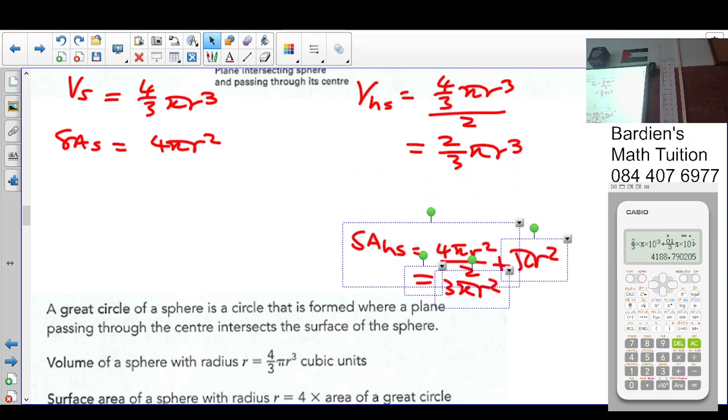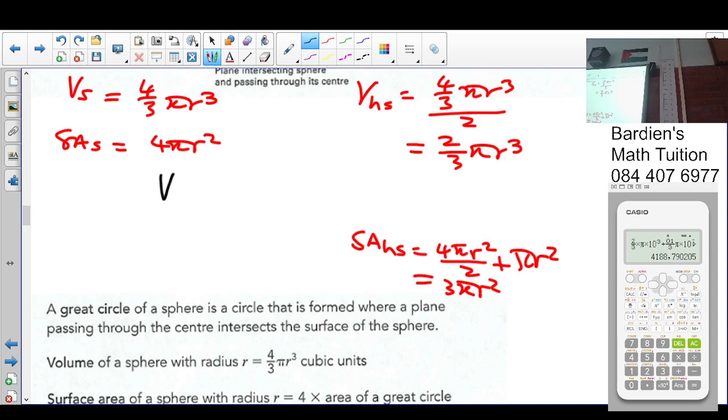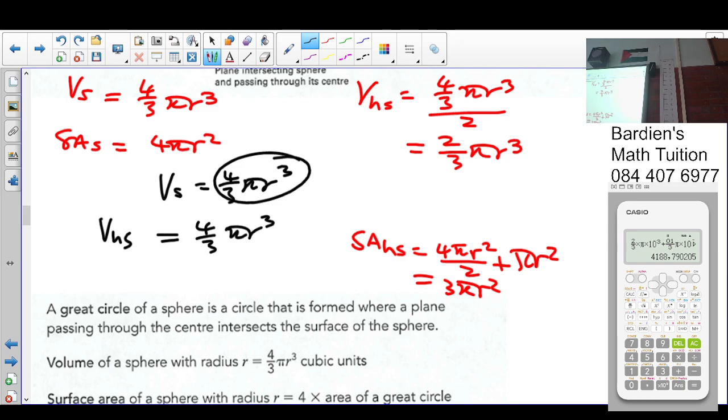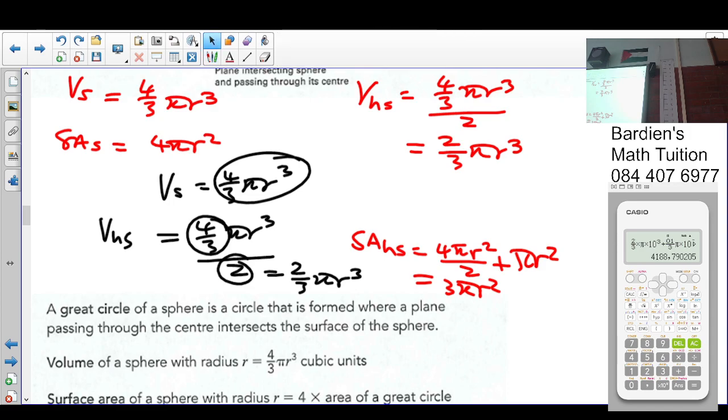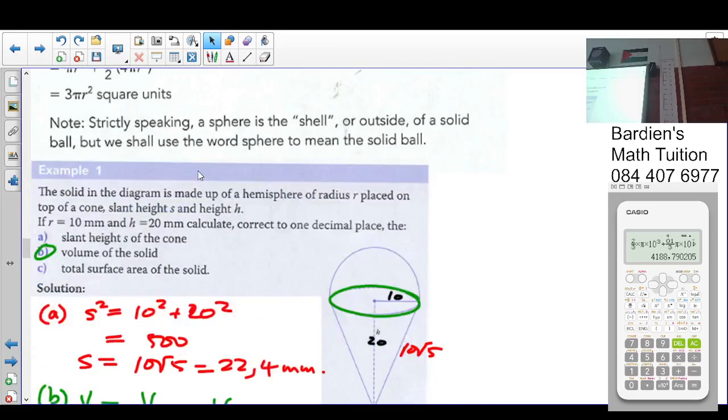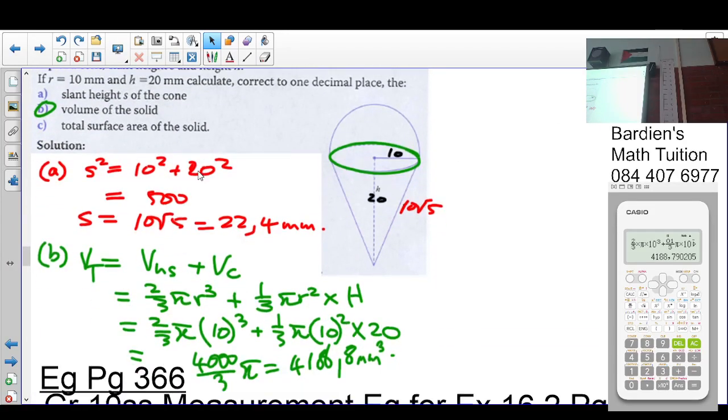When you're looking at the volume of a sphere, it is 4 over 3 pi r cubed, whilst the volume of the hemisphere is half of the sphere, so divided by 2. If we divide 4 over 3 by 2, that is where I get 2 over 3 pi r cubed. Any other confusion there?